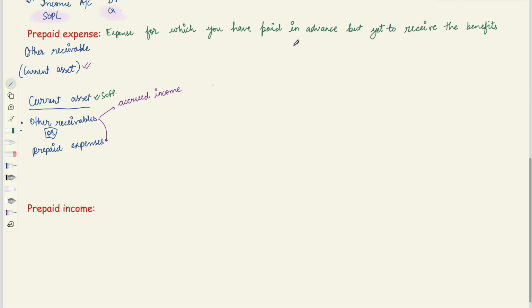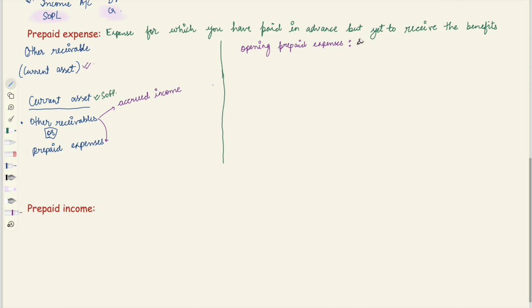Next thing is how to put it in the statement of profit or loss. Again, we have a format. Now we have two balances. First thing is you have opening prepaid expenses.